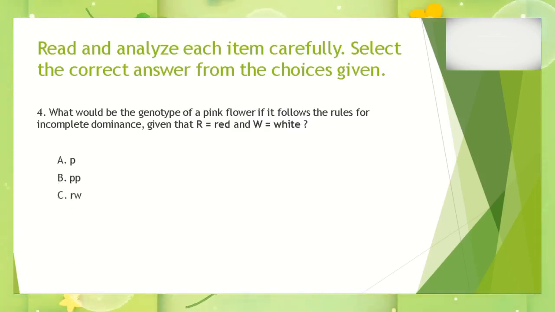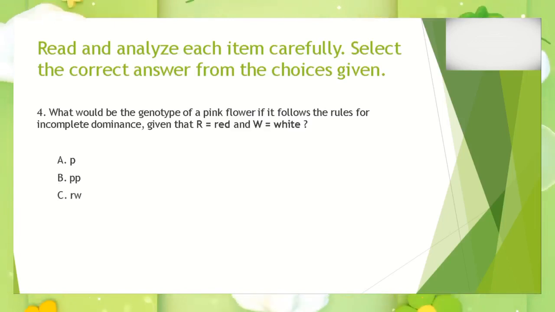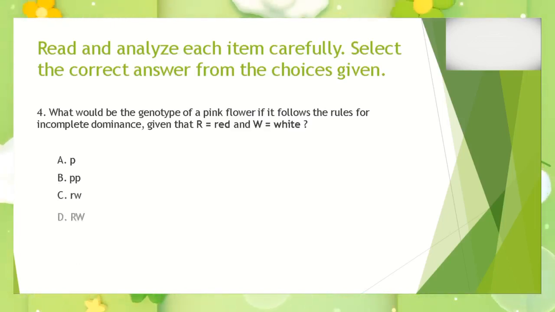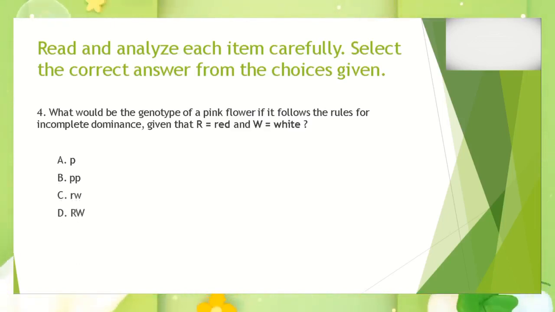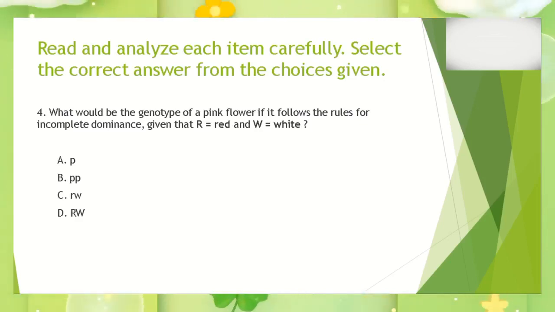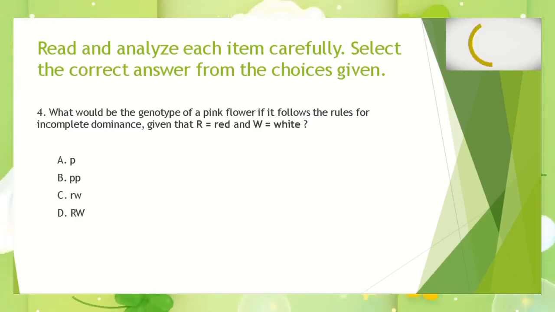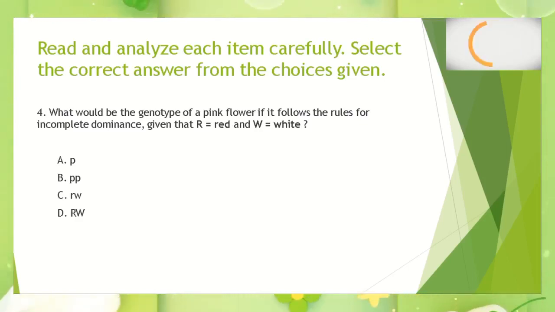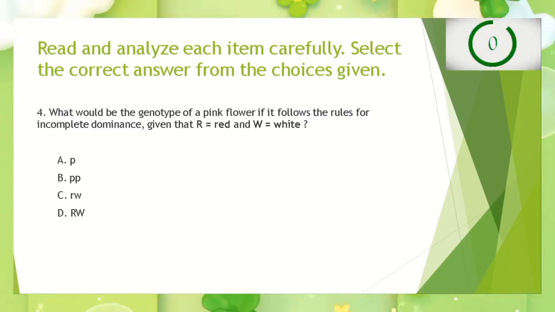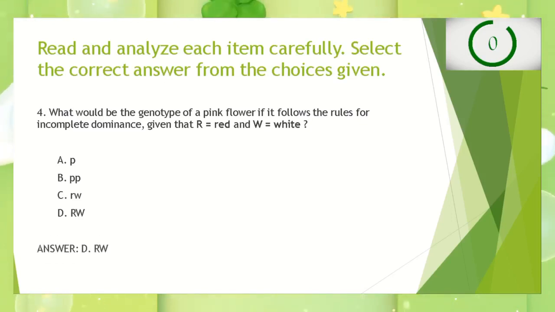Letter C, lowercase letter r and lowercase letter w. Letter D, uppercase letter R and uppercase letter W. The correct answer is letter D, uppercase letter R and uppercase letter W.